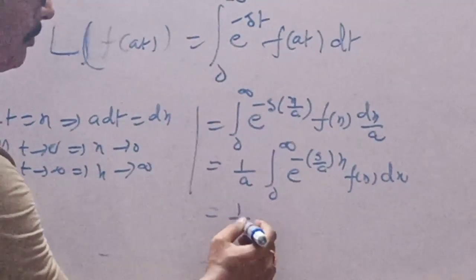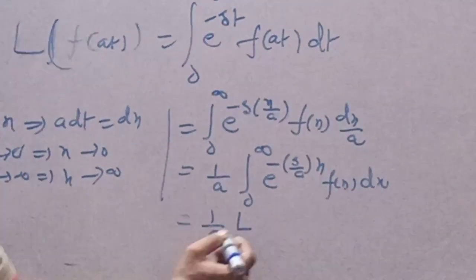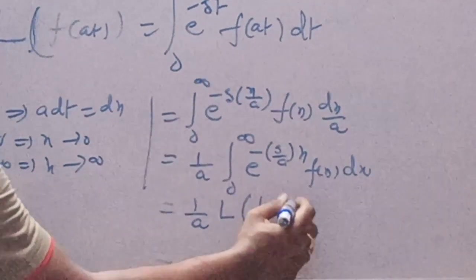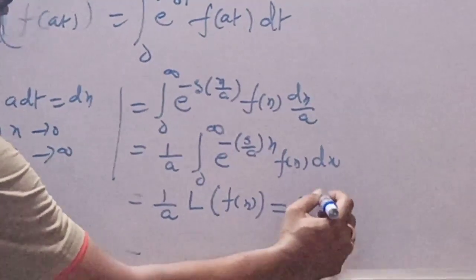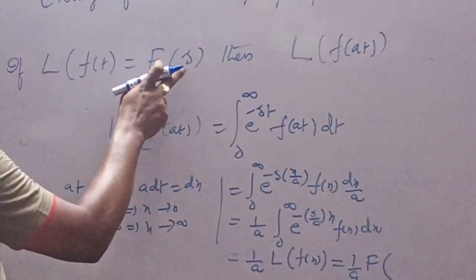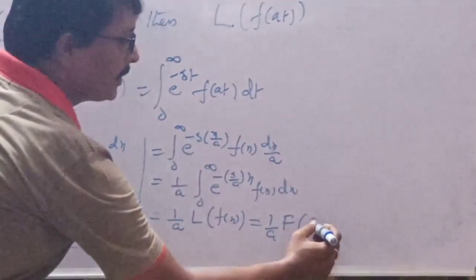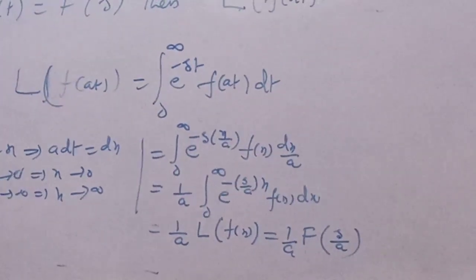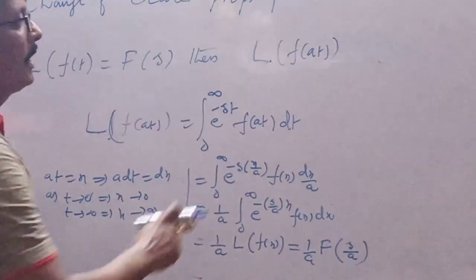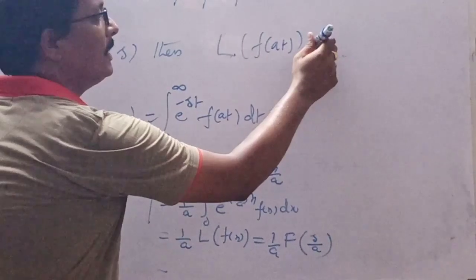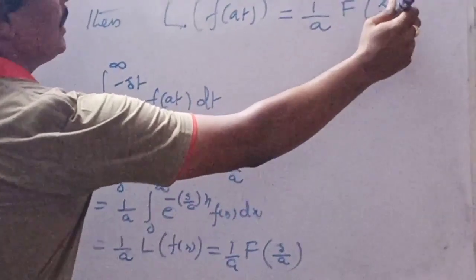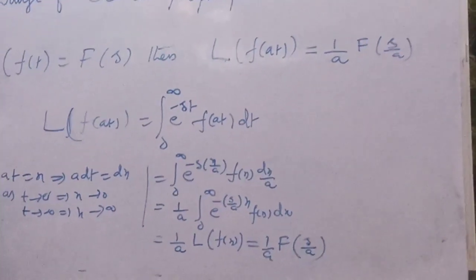This is equal to 1 by a into the Laplace transformation of f of x, defined by capital F of s with s replaced by s by a. Clear? So if the Laplace transformation of f of t equals F of s, then the Laplace transformation of f of at equals 1 by a into F of s by a.